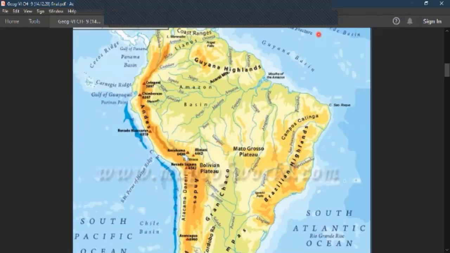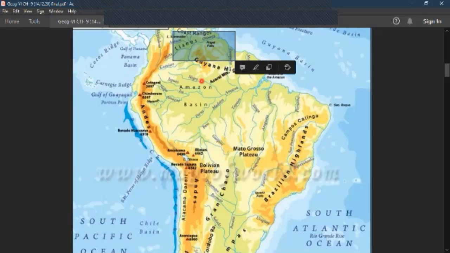In the north, the Orinoco plains are referred to as llanos, which means plains in Spanish. Llanos are basically the grasslands, in particular the tropical grasslands of South America.